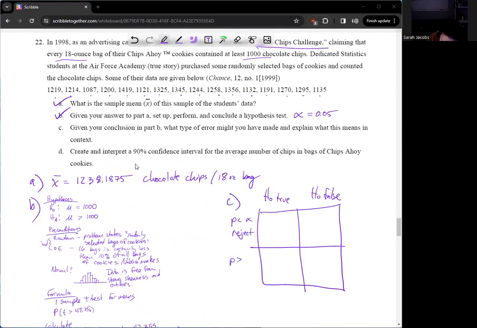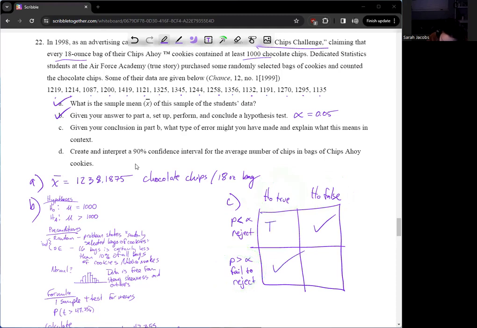This is when P is greater than alpha, so we fail to reject. Remember, accept nothing. I'm going to say that over and over and over again. If the P is low and the null hypothesis is false, this is not an error. That's a correct conclusion and outcome. If the null is true and we fail to reject the null, also correct, not an error.